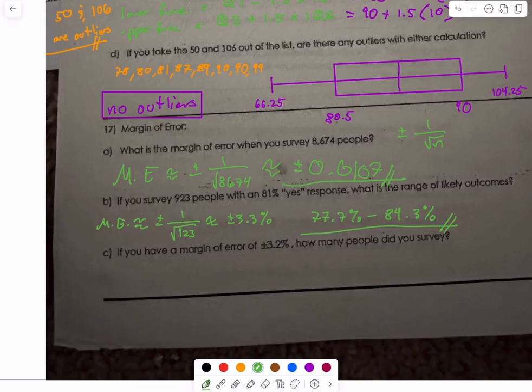Okay, how many people did you survey? Margin of error. We've been calculating the margin of error by doing 1 over the square root of n.